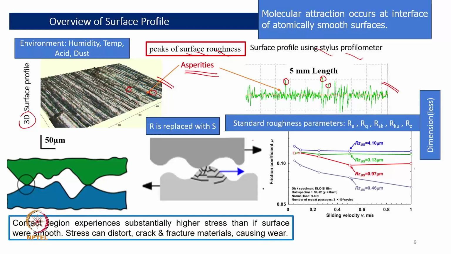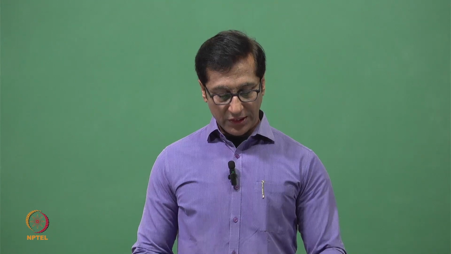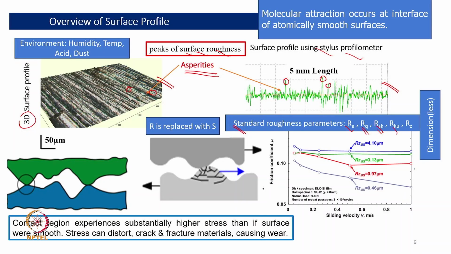So what are the features? The standard surface roughness parameters are the average value, which manufacturers mostly give, then the RMS value or Rq value, skewness, kurtosis, and the peak value, Rz. For simplicity, we have shown in this figure that Rz is reduced.